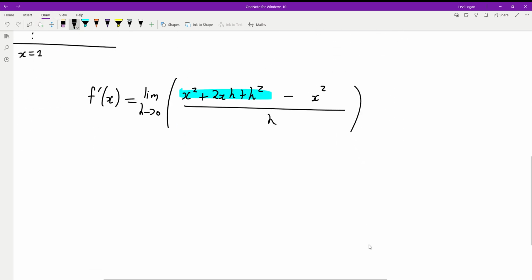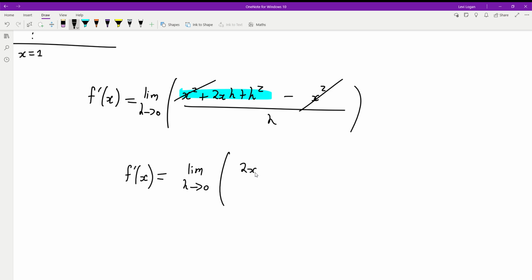Now we can see the x squareds cancel out, and all we're left with is f dash of x is equal to the limit, as h goes to 0, of 2xh plus h squared on h.